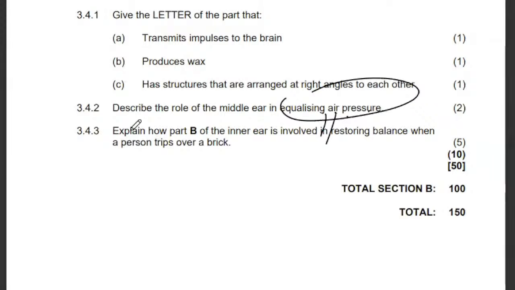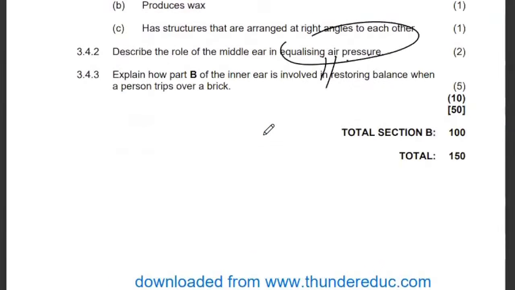Yes. So they're saying explain how B of the inner ear is involved in restoring balance when the person trips over a brick. Yeah, that's position.